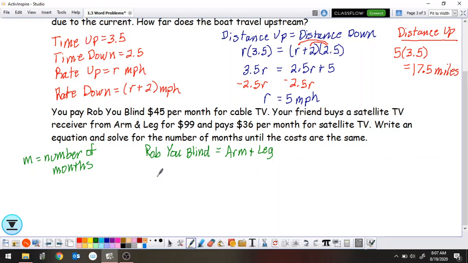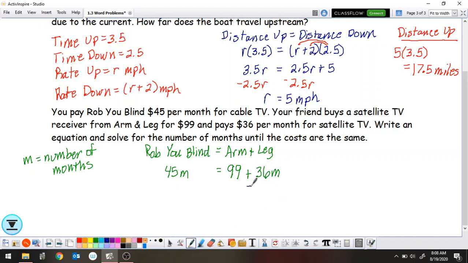So you pay Rob You Blind $45 per month. So $45 for each month, so that's going to be 45 times M. Your friend has to buy a receiver for $99, and then they pay an additional $36 per month. So 99 plus 36M.